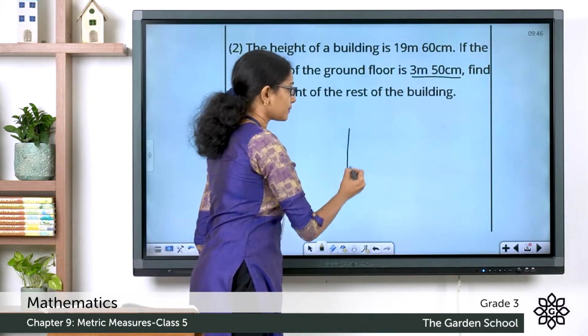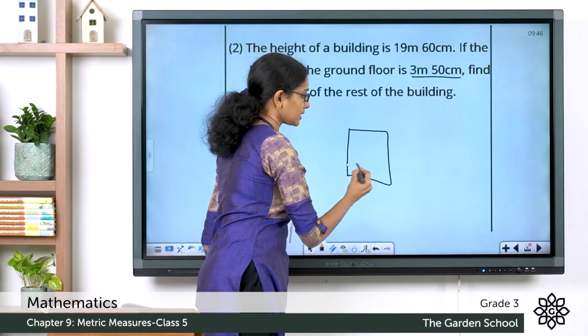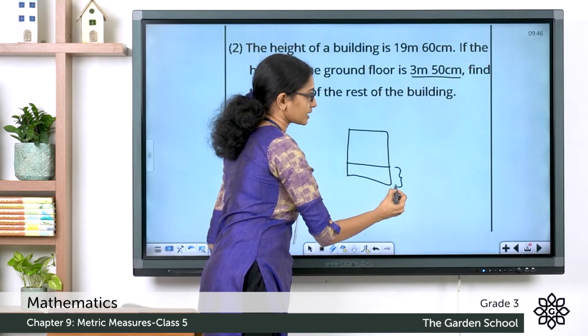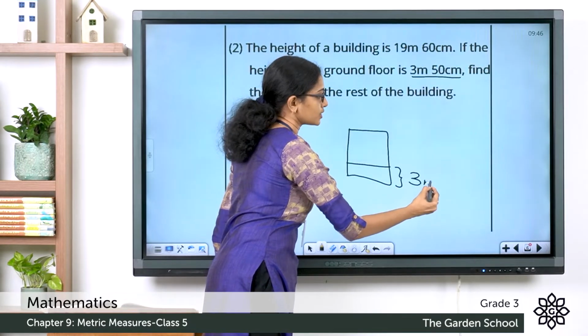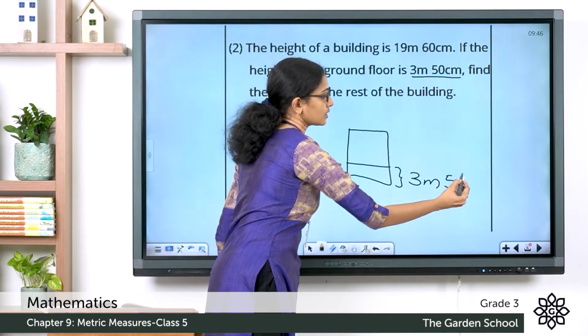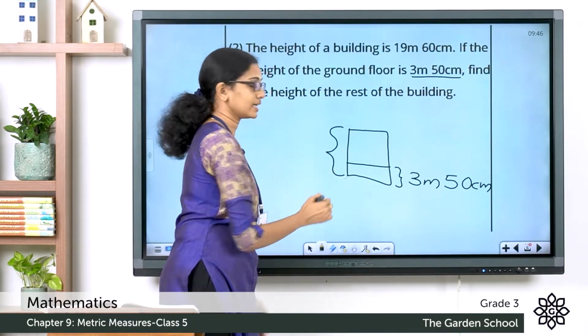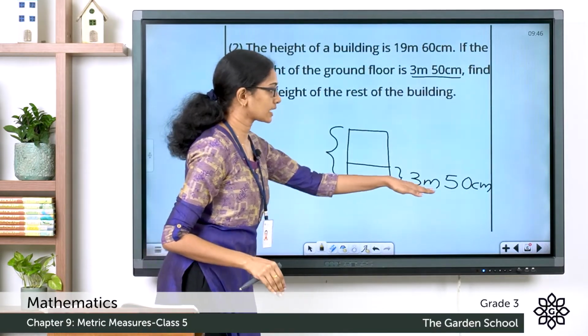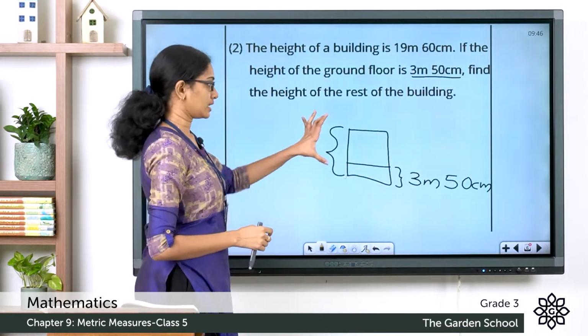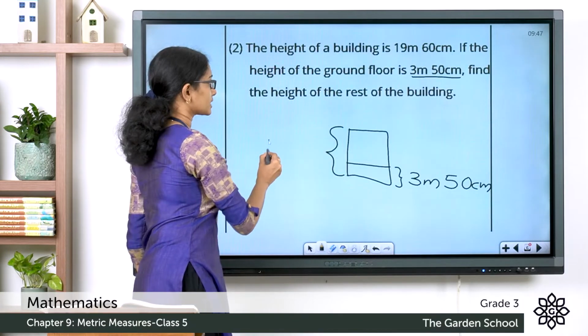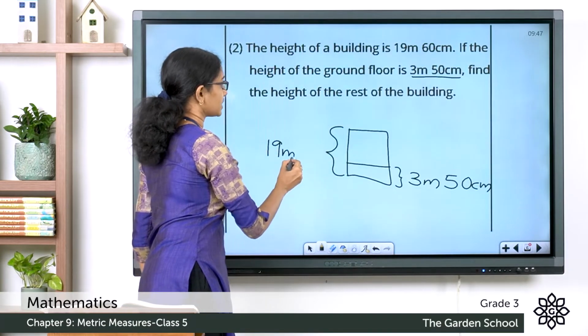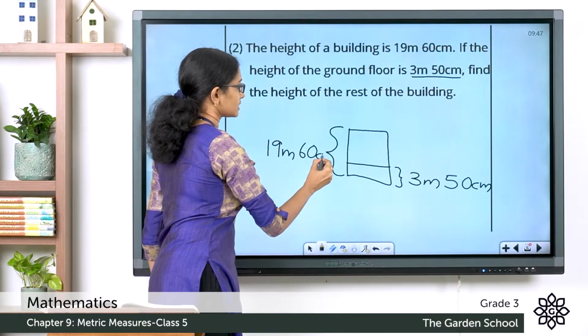So if this is the building and let this be the ground floor, the height of the ground floor is equal to 3 meter 50 centimeter, and the height of the whole building, which includes this 3 meter and 50 centimeter, is equal to 19 meter and 60 centimeter.